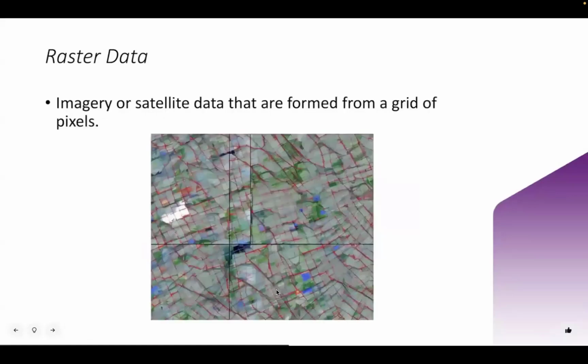Raster data, I won't talk too much about it. It's simply imagery or satellite data that are formed from a grid of pixels. And unfortunately, you can't manipulate the information from raster data. You can't move a place name around, and when you zoom into the map, it becomes more pixelated and unreadable.